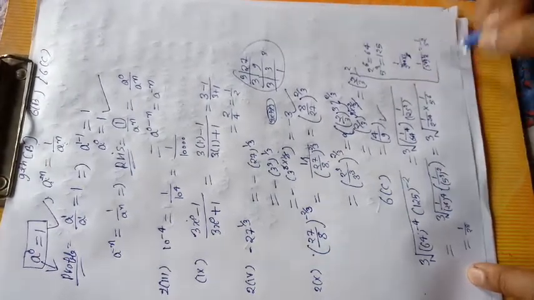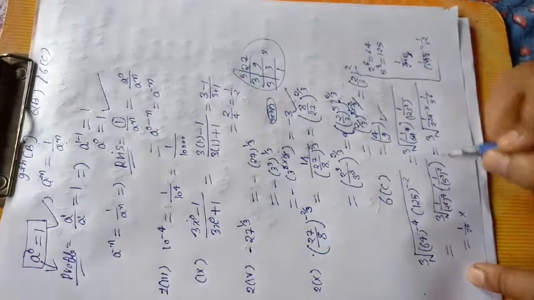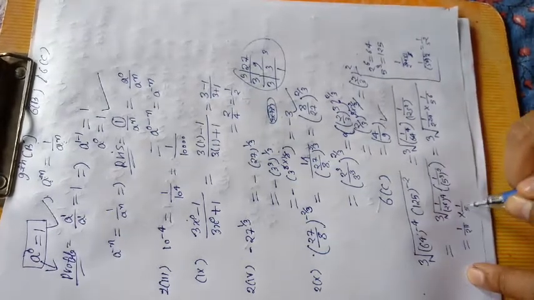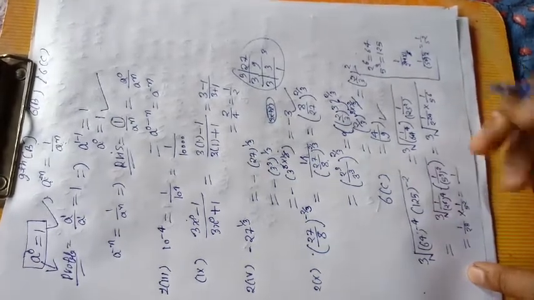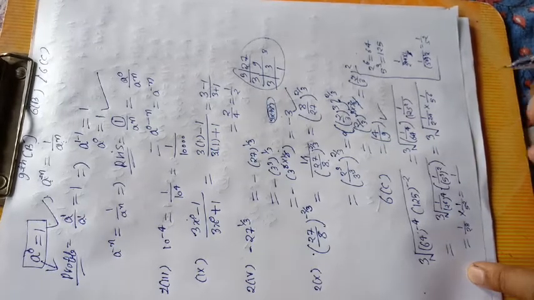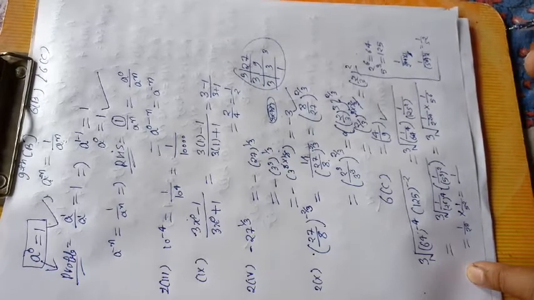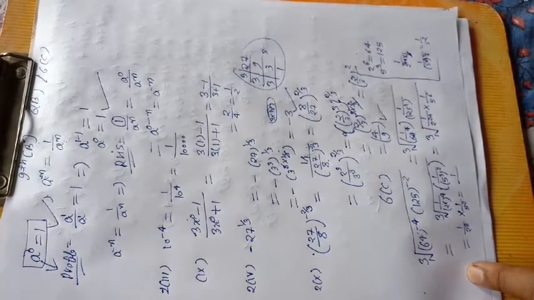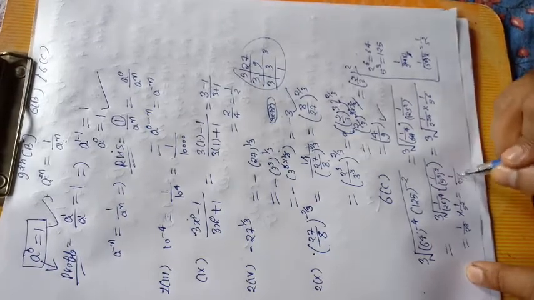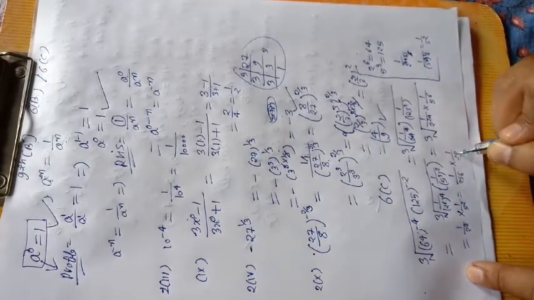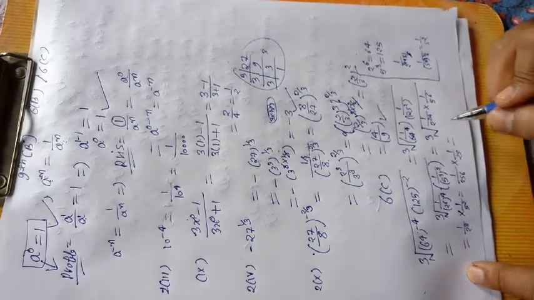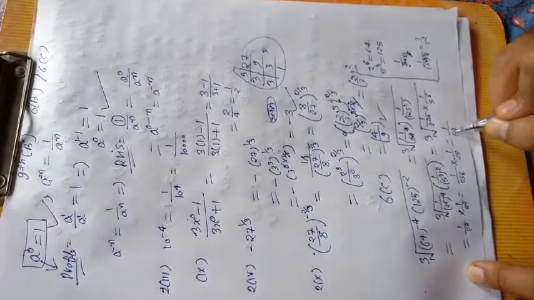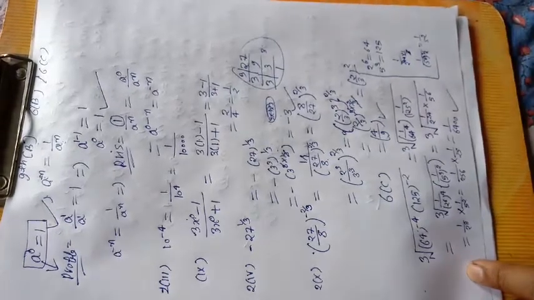So outside the cube root we have 1 upon 5 to the power 2, and this equals 1 upon 2 to the power 8, which is 256, into 1 upon 25, and this equals 1 upon 6400, and this is the answer. Thank you.